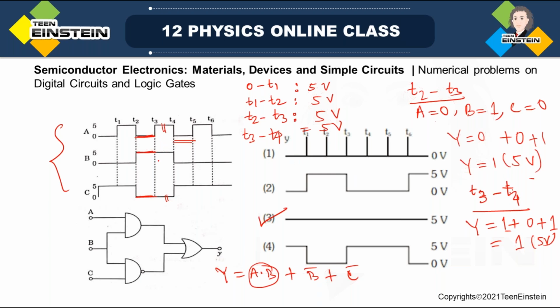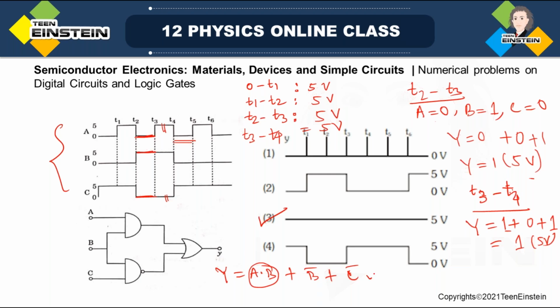During this time interval, which one is at high level, which one is at low level, you have to observe attentively. Then only, whatever logic or digital operation would be given, you have to find out the final output first.